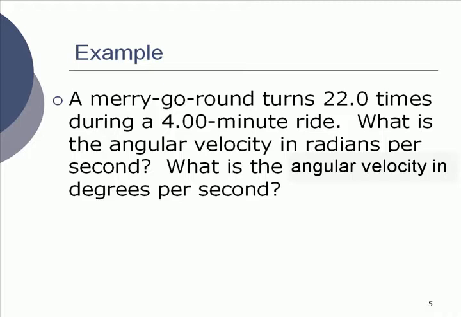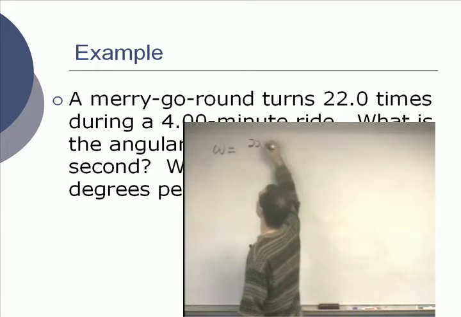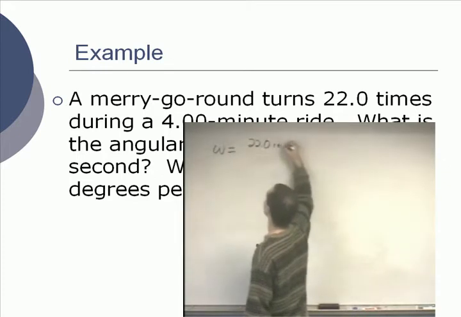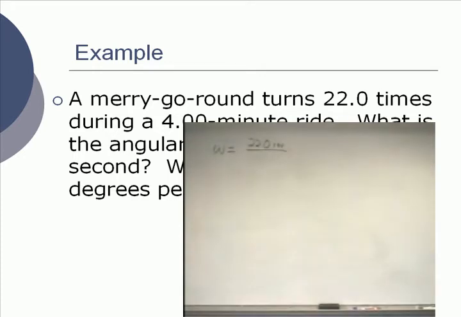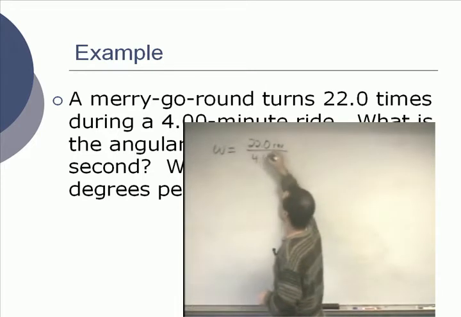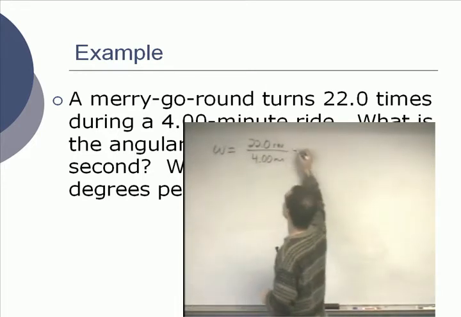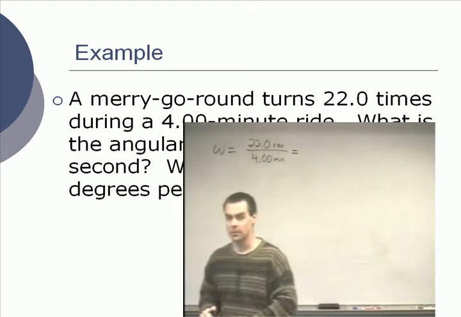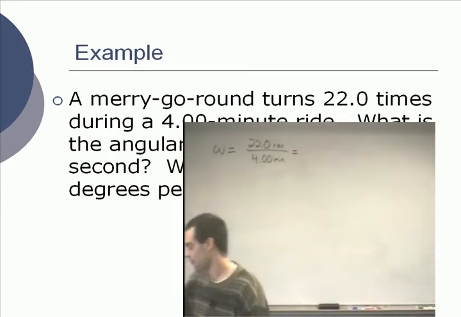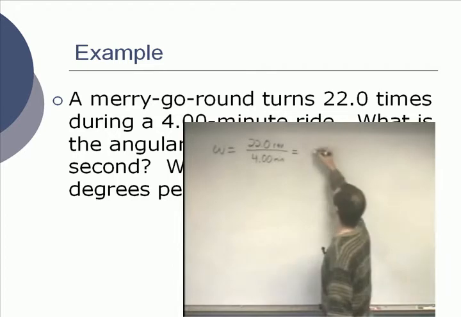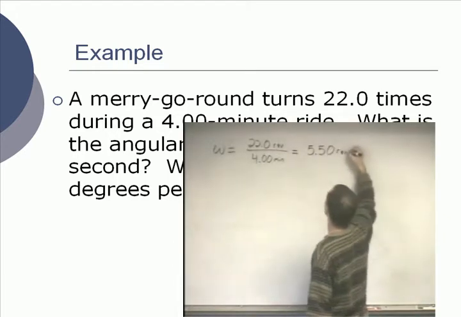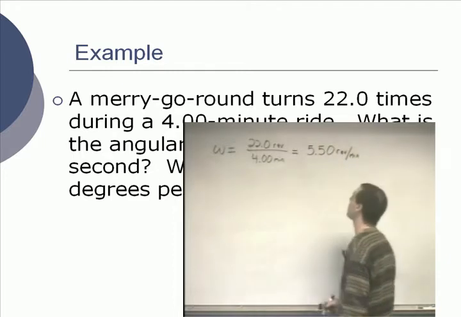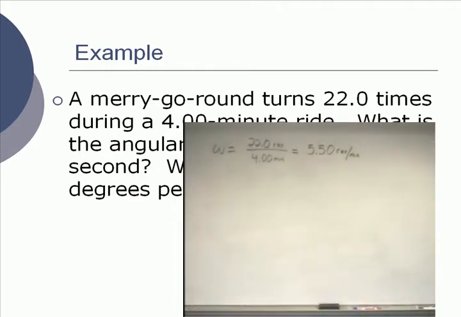But our angle measure is 22.0 what? Revolutions. Here, usually revolutions are used when something's turning more than a complete revolution. 22 revolutions per 4.00 minutes, which means we can find out what the RPM of that merry-go-round is, and it turns out to be 5.50 revolutions per minute, or RPM, you could write.